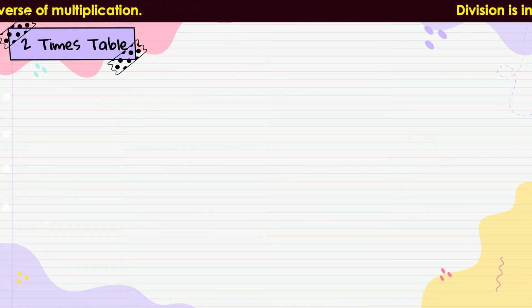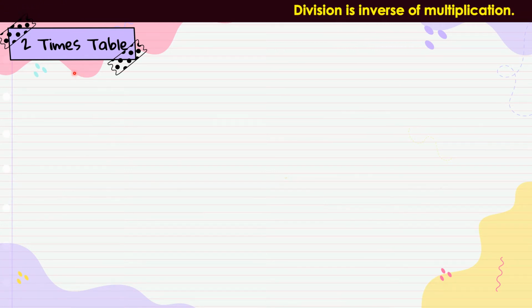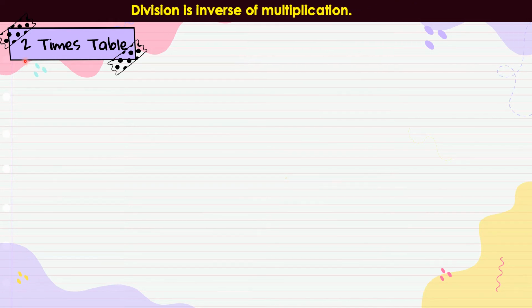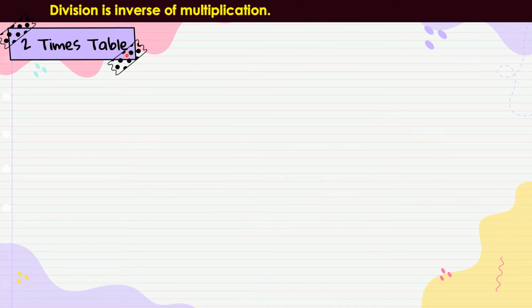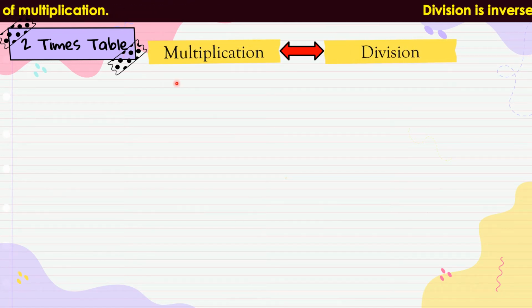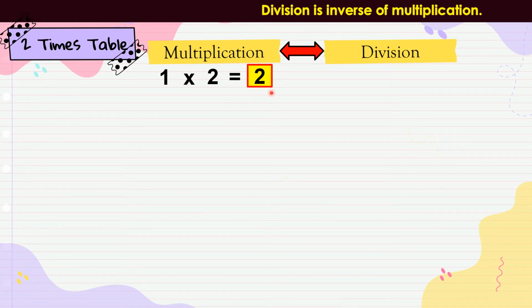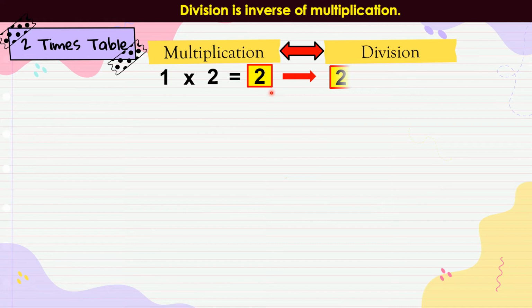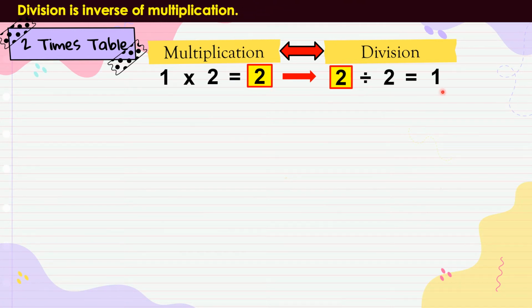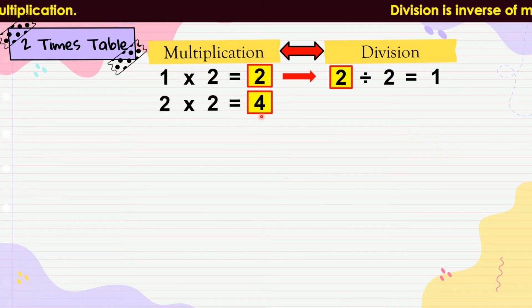Let's see how division is inverse of multiplication using a times table. For example, we use 2 times table. We start from multiplication. 1 times 2 is equal to 2. When we inverse it, it becomes 2 divided by 2 is equal to 1. 2 times 2 is equal to 4.